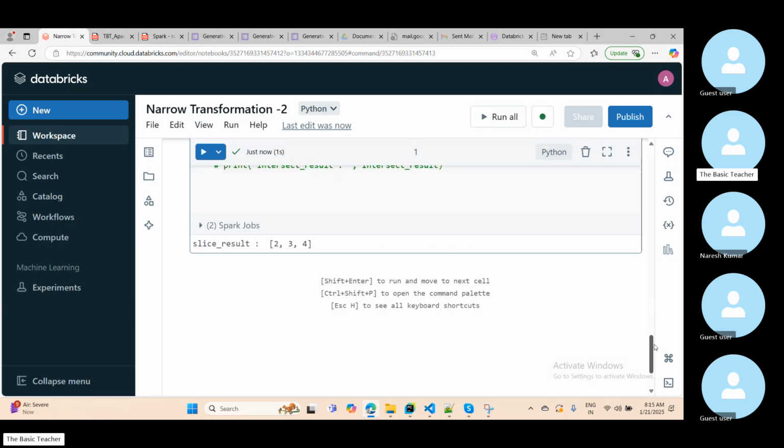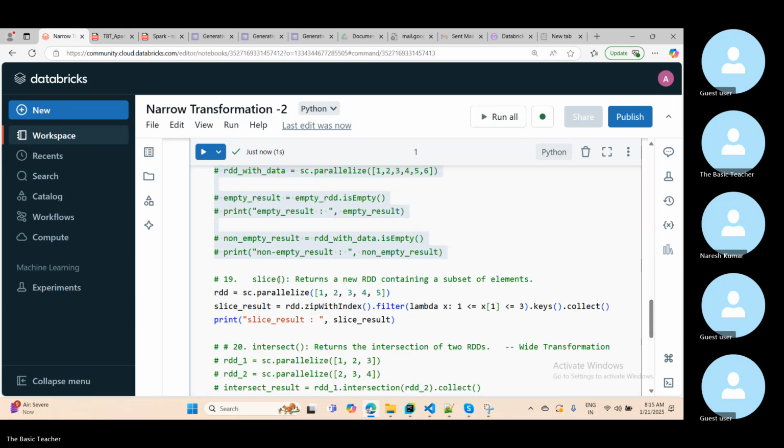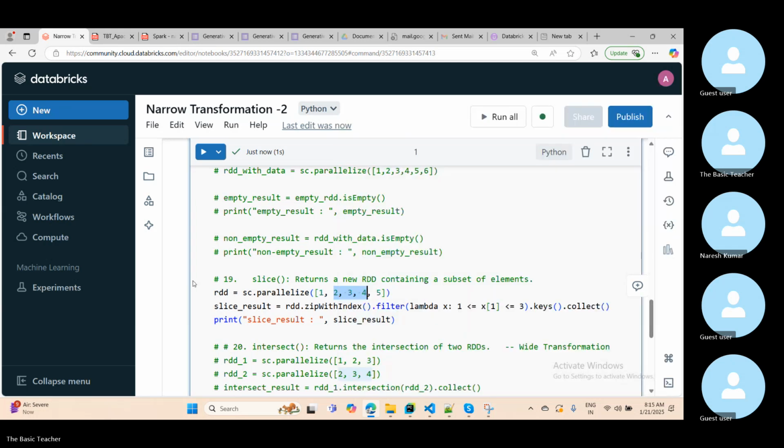So this is taking 2 and 3 and 4. Okay. Just give me 1 minute. Greater than 1 and less than or equal to 3.